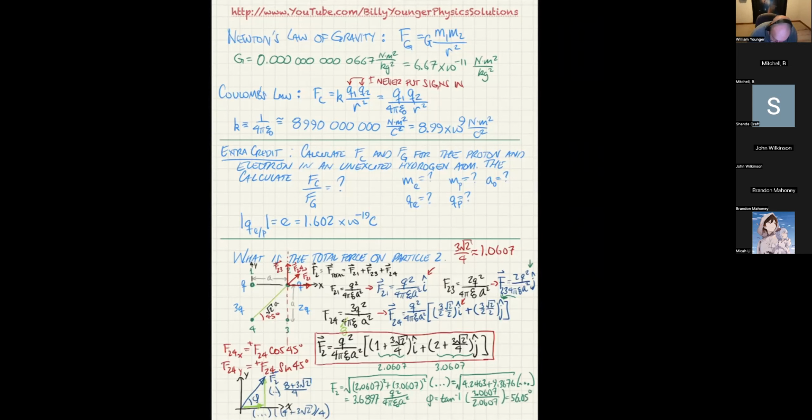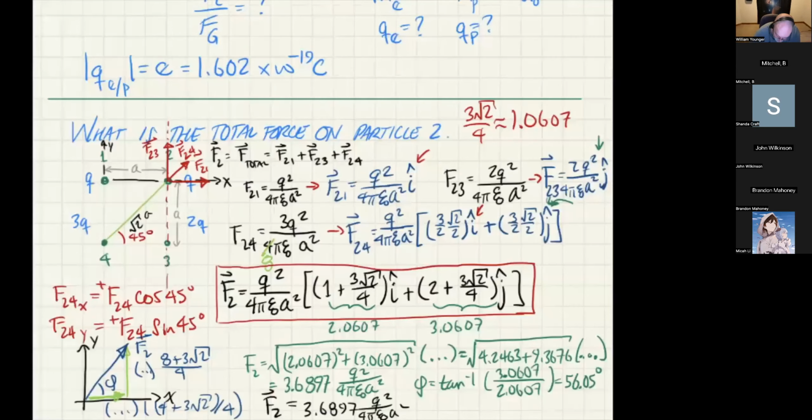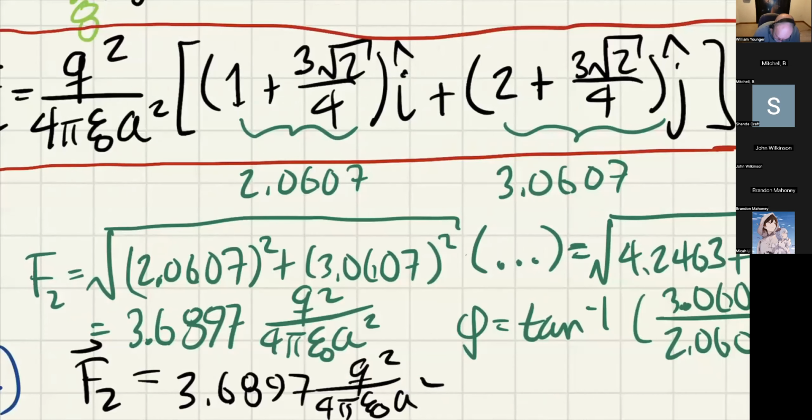So F2 I can also write as 3.6897 q squared over 4 pi epsilon naught a squared. Uh-oh, that was really bad writing it that small, huh?